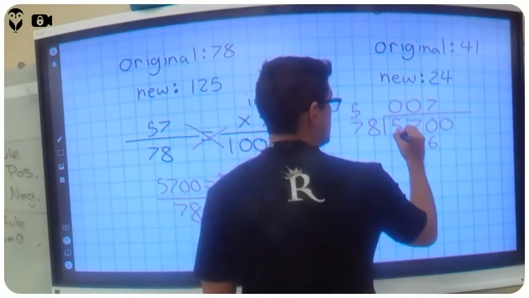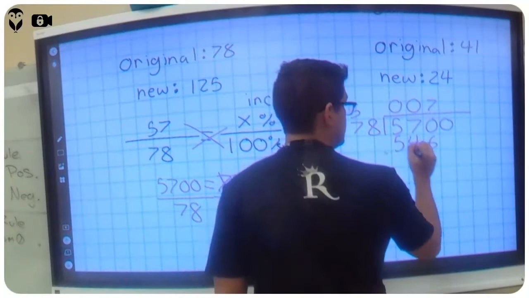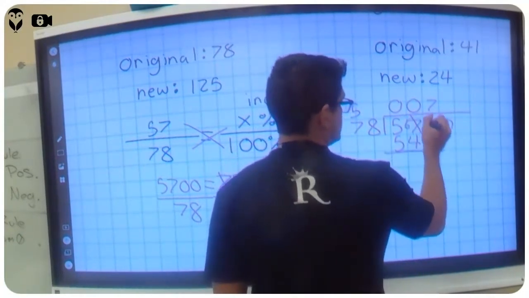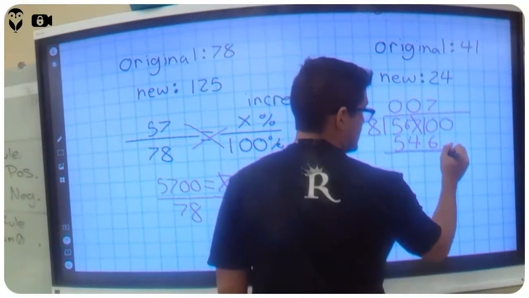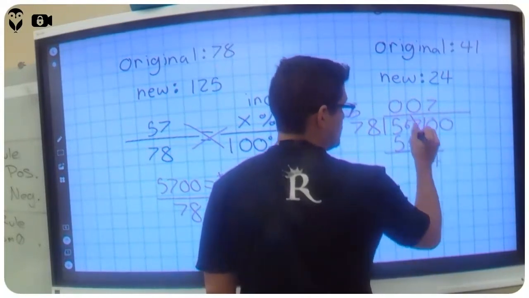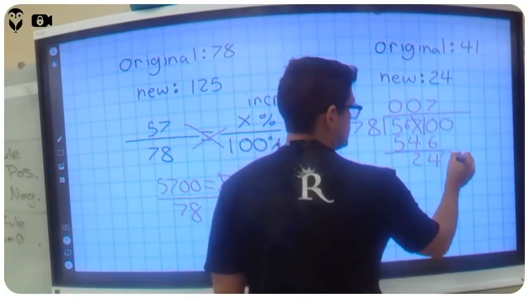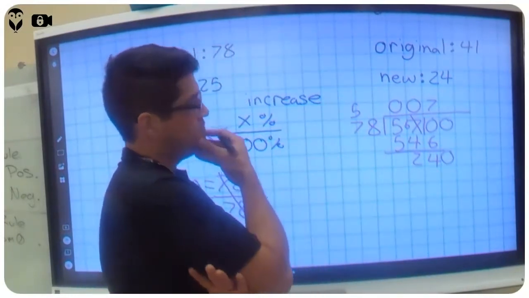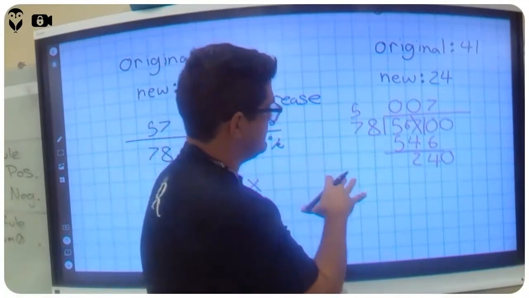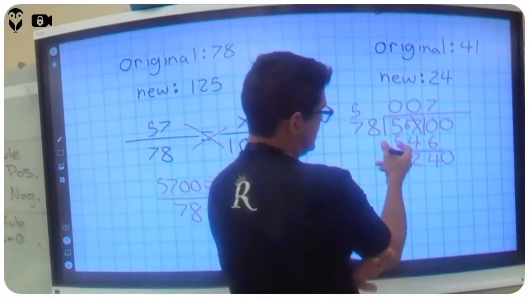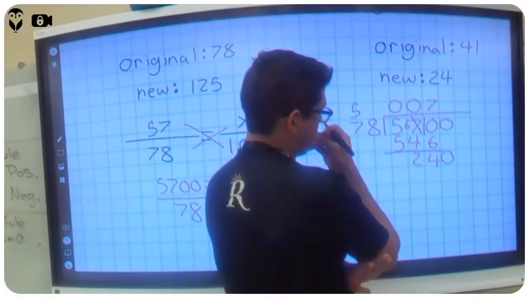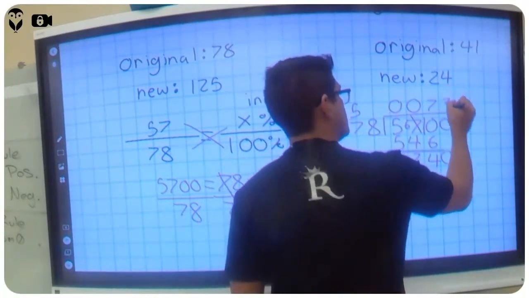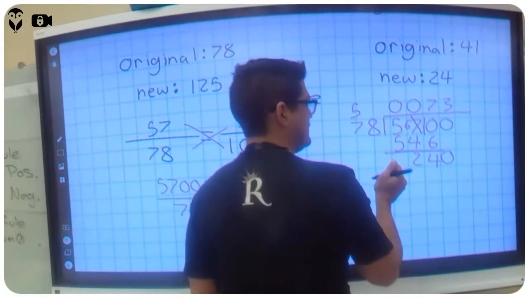That's 54. I think we chose correctly. This is going to subtract, and we're going to get, let's see here, that becomes a 6, that becomes a 10. So we're going to have 4, 2, that's 0, drop down to 0. So now I have 240. So let me see. It's less than half. So I'm gonna say 3. 3 would be correct, yes. So 3 times 8 is 24.